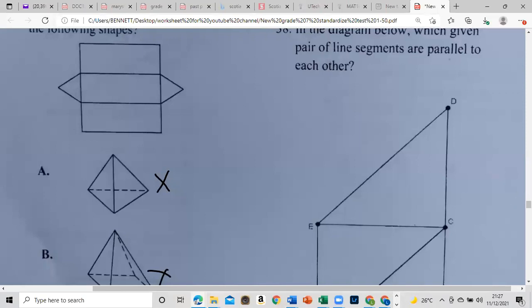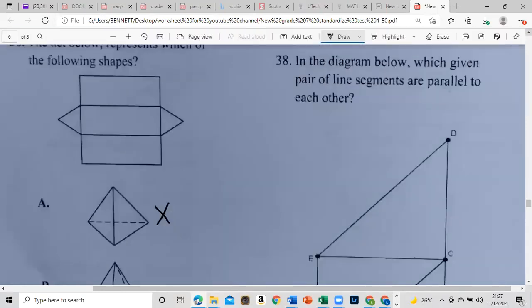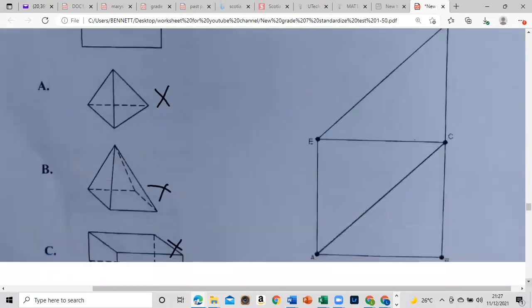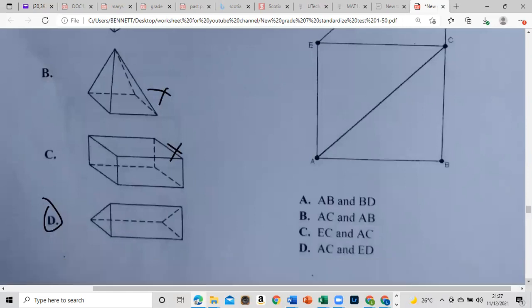It says, in the diagram below, which given pair of line segments are parallel? And we know that parallel lines are lines that run in the same direction, and the distance between them remains constant, so they can never ever meet. Alright, so let's proceed and see. So it's AB and BD.